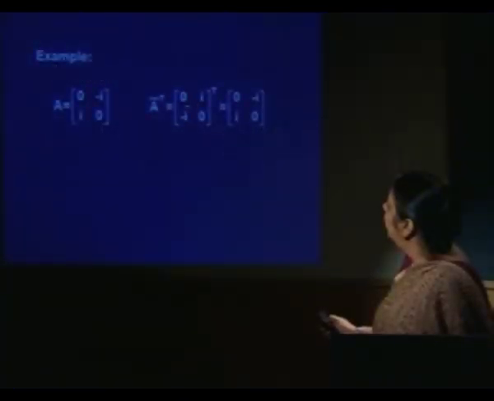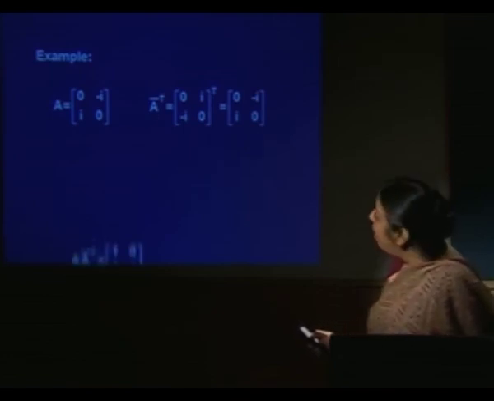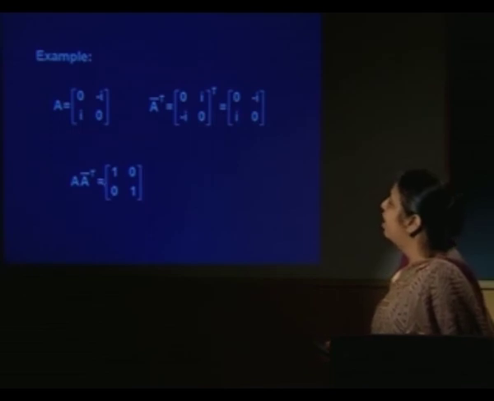What I have done is I have first taken the conjugate. So, the conjugate of this is 0, minus i, i, 0, and then I take the transpose. So, this row becomes this column and this row becomes this column. So, this is A bar transpose.